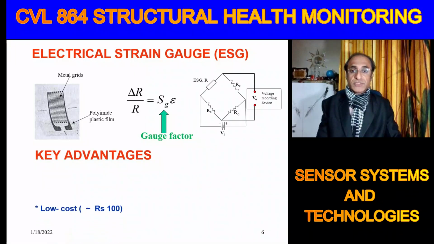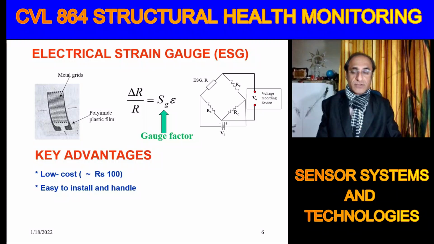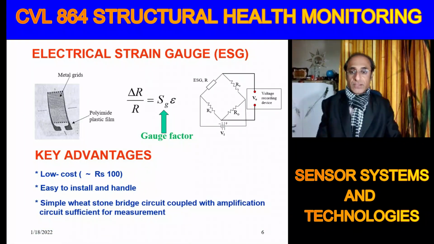So its advantages are that it's very low cost, you can use any number without incurring high costs, and it's easy to install and handle, with just a simple Wheatstone bridge circuit. You may recall in your school physics that you may have done an experiment on the Wheatstone bridge.